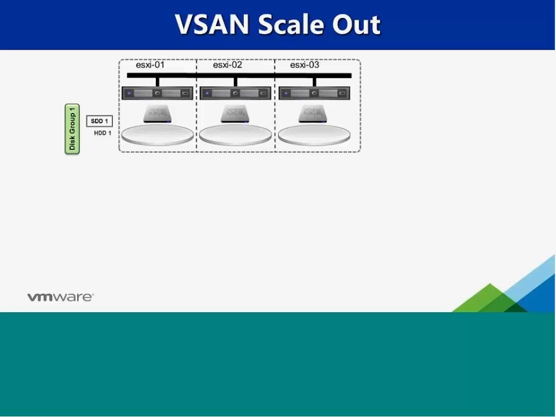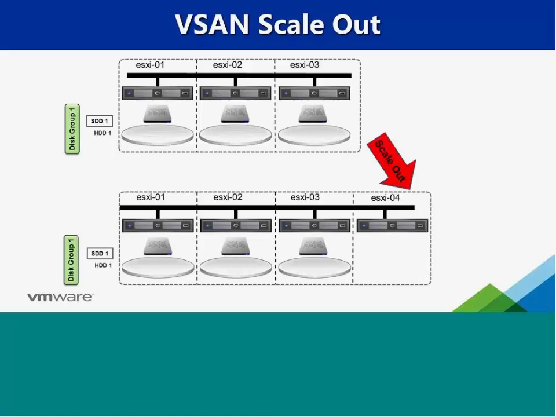So when we say scale out, it's a minimum of 3 hosts participating in a cluster, and a disk group includes 1 SSD and 1 HDD. Now, if you want to add to that, you can add an additional 4th node and just add the ESX host, and you can add to the compute layer, or you can add to performance and capacity by adding an additional SSD or HDD.